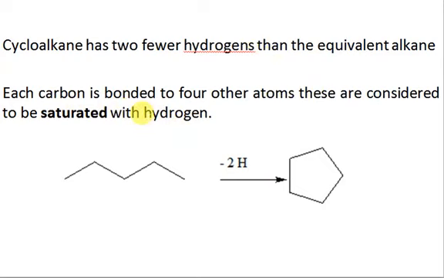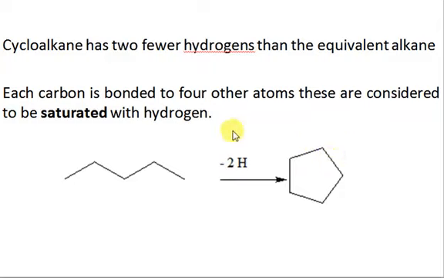So why are cycloalkanes considered saturated although they have 2 hydrogens less? The reason is that in cycloalkanes each carbon is bonded to 4 other atoms, right? Since each carbon is bonded to 4 other atoms, it means each carbon is singly bonded.